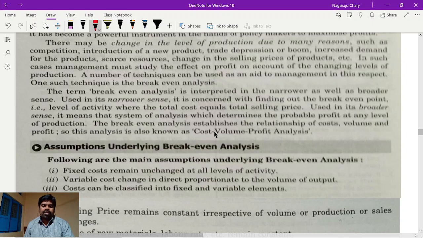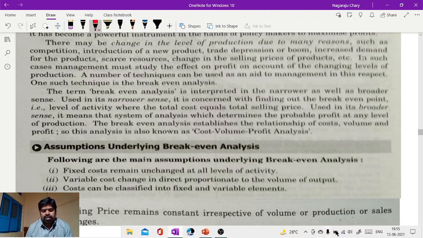Break-even analysis establishes the relationship of cost, volume and profit. So this analysis is also known as cost, volume, profit analysis. There is no differentiation between break-even analysis and cost, volume, profit analysis; it is the same analysis.